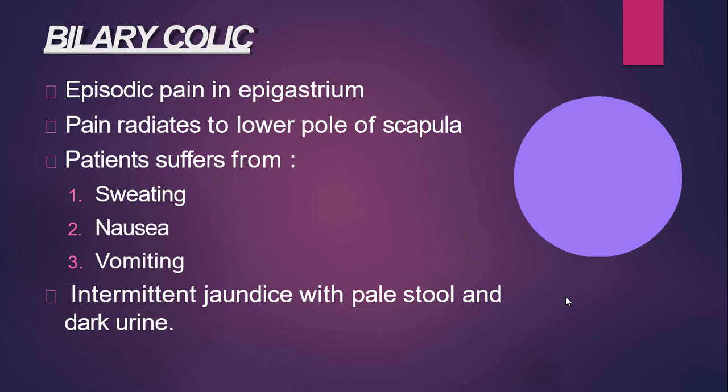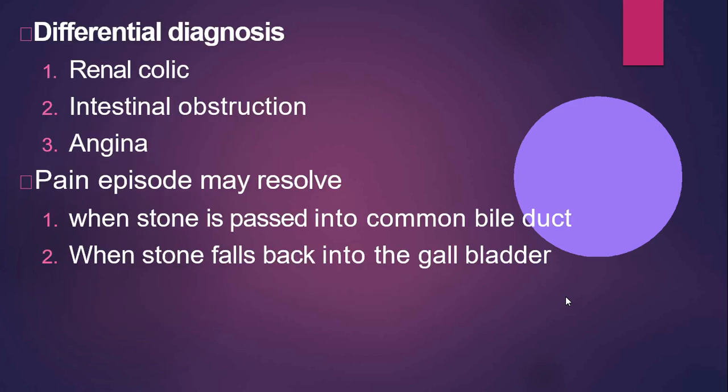It means a stone comes into the bile duct, blocks the bile duct, and then it passes. So this is known as intermittent jaundice. The differential diagnosis of biliary colic is renal colic, intestinal obstruction, angina. As I told, it mimics cardiac pain.